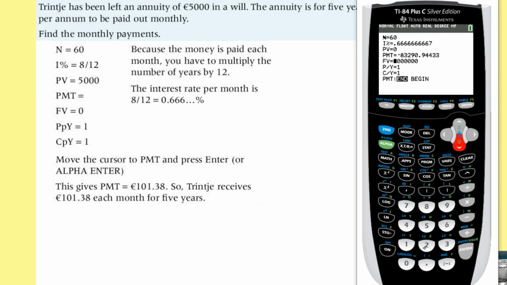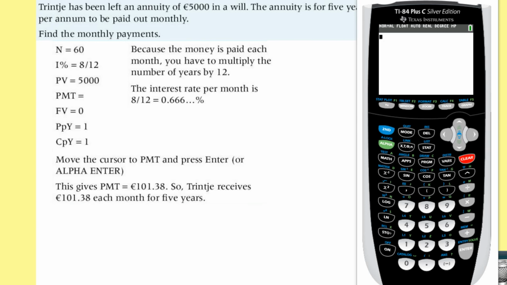Our future value, leave it as 0. We were given 5,000. Payment, Alpha Solve. There's our payment: 101.38. That's what we should be given each month.